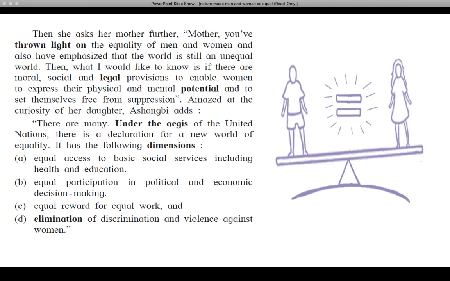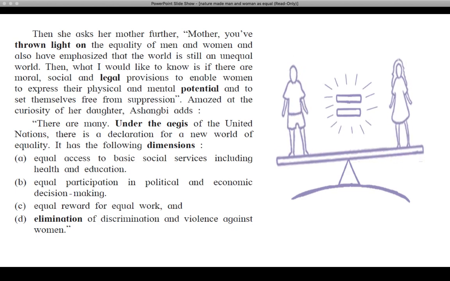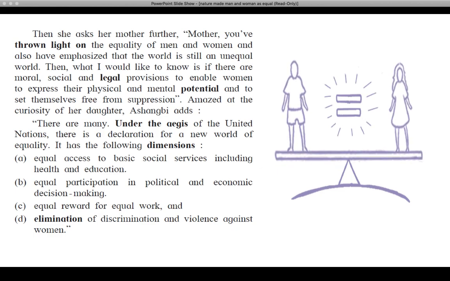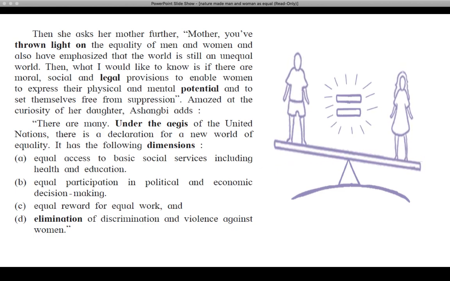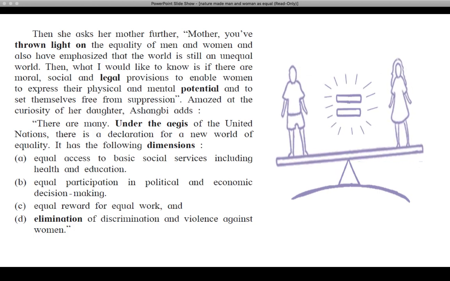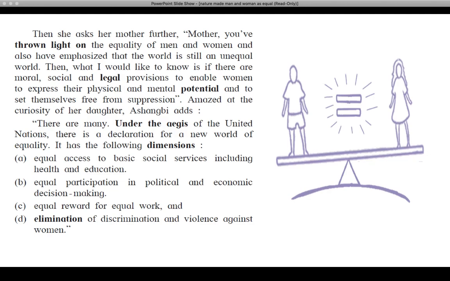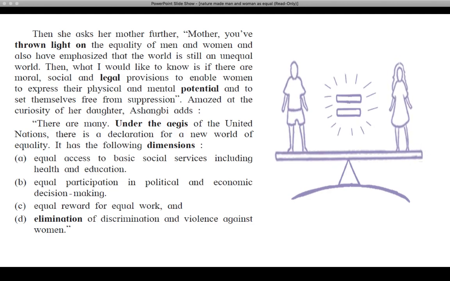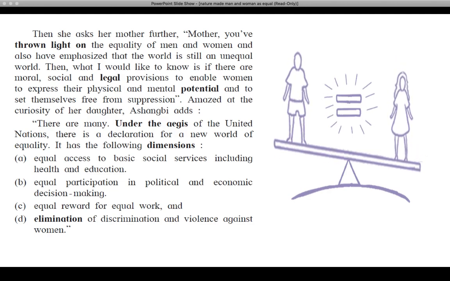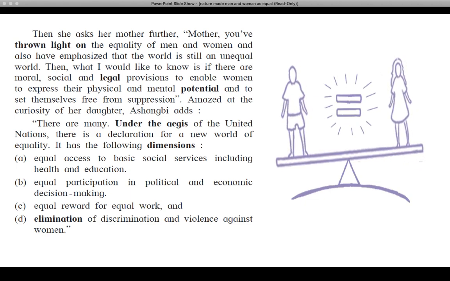Then she asks her mother further, Mother, you've thrown light on the equality of men and women and also have emphasized that the world is still an unequal world. Then, what I would like to know is if there are moral, social, and legal provisions to enable women to express their physical and mental potential and to set themselves free from suppression. Amazed at the curiosity of her daughter, Ashangbi adds, there are many.